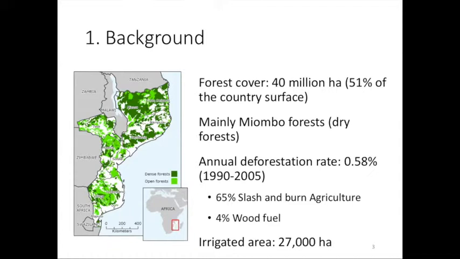We also have an irrigated area, which is not much in terms of proportion, but most of it is irrigated using fossil fuels, so causing emissions. Therefore it's possible to understand that Mozambique, while it's not an industrial country, has most of its source of emissions coming mainly from the slash and burn agriculture.